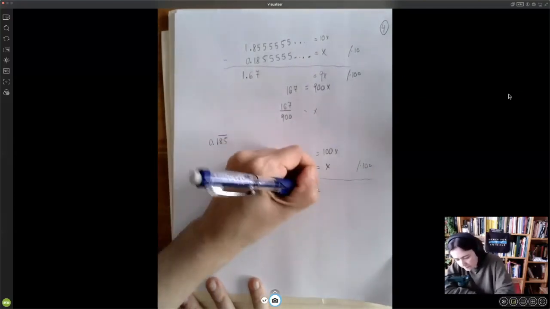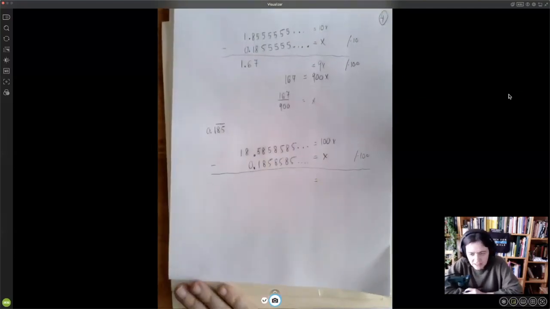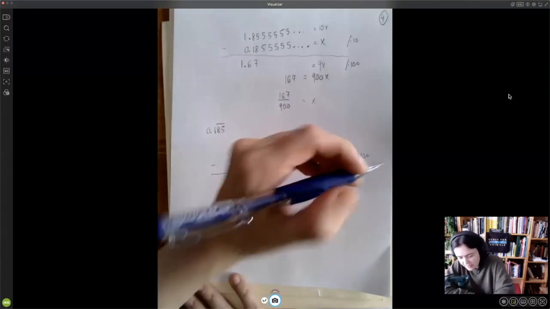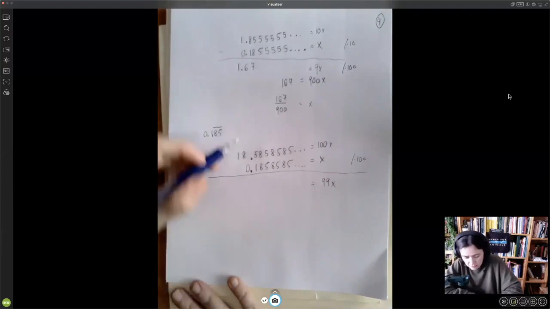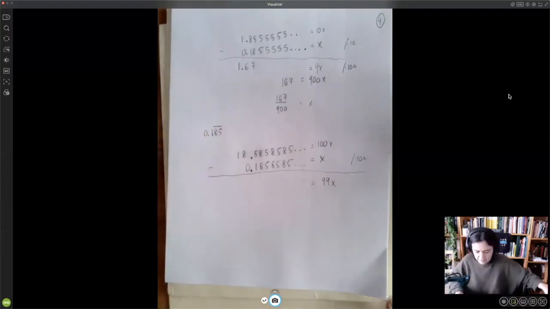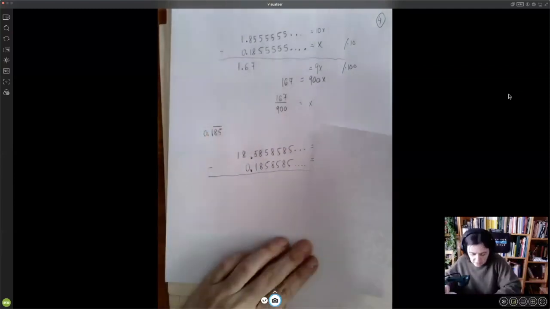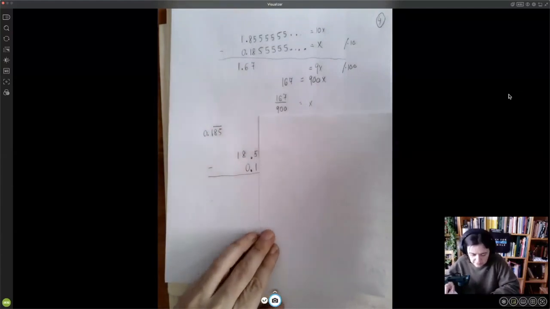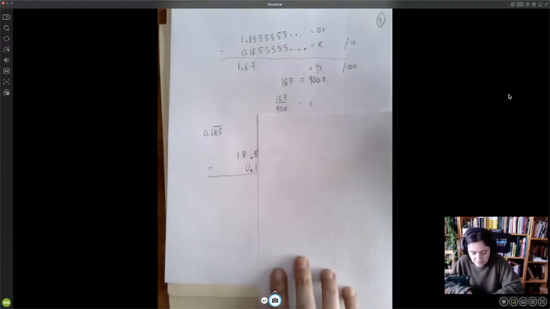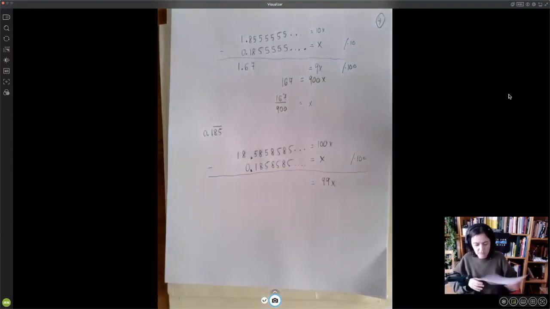So if we subtract x from 100x, we're going to have 99x. And here, gone, gone, gone. We're going to have a little bit of a decimal, right? Gone, gone, gone, gone. This is it. Well, that seems a pretty easy one, right? 18.5 minus 0.5. That's just 18.4. That seems almost too easy to be true.